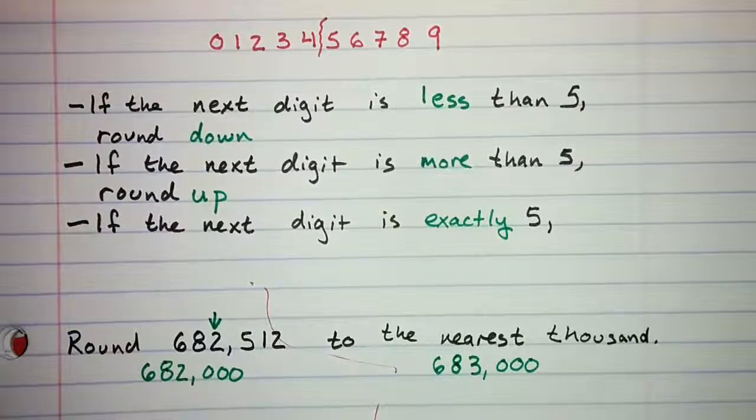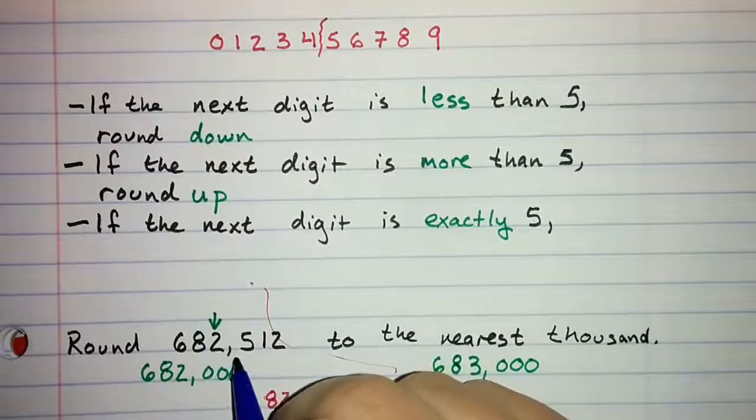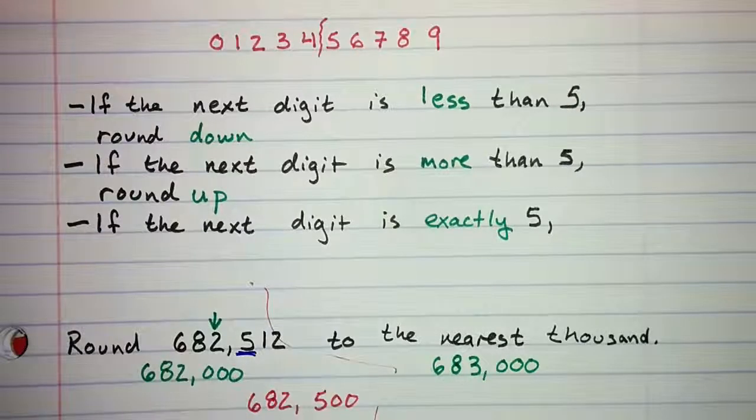That middle point again will be 682,500. All right, so here, that next digit that we looked at last time is a 5.